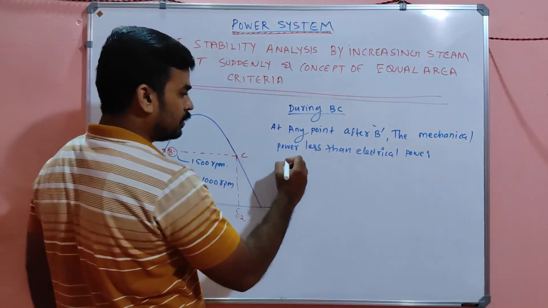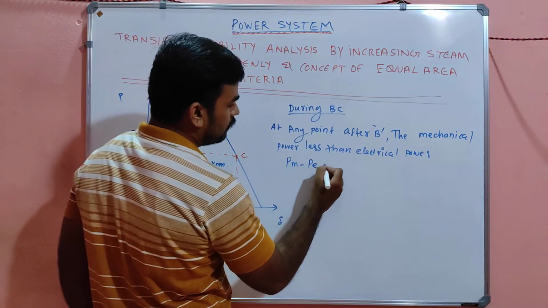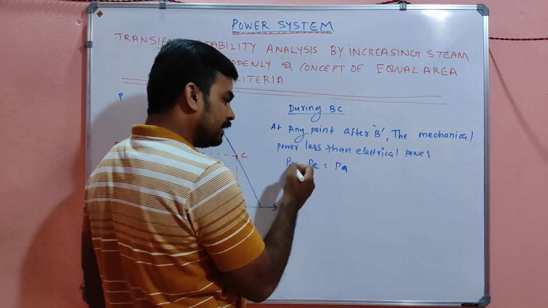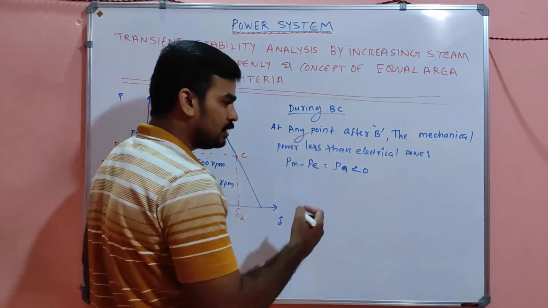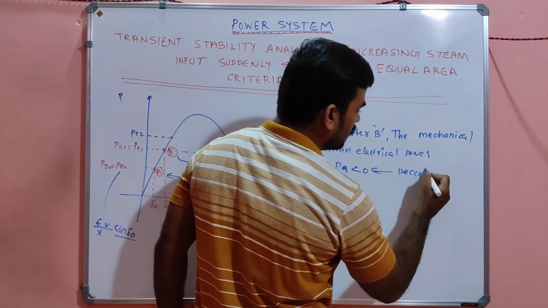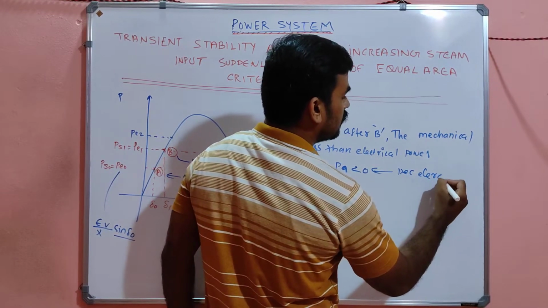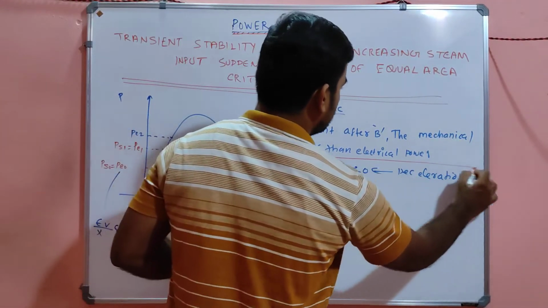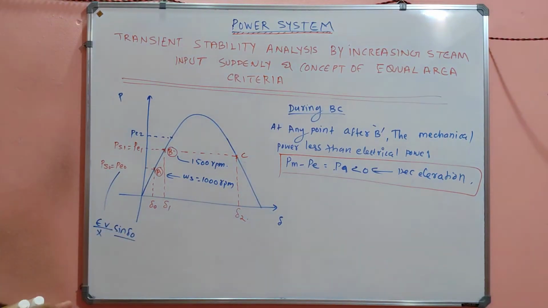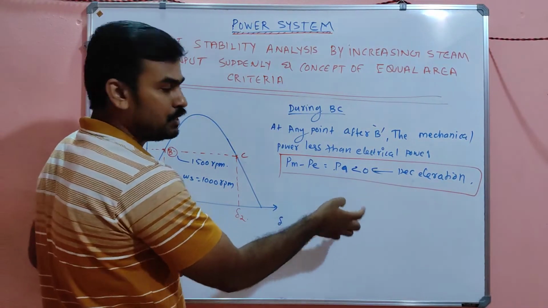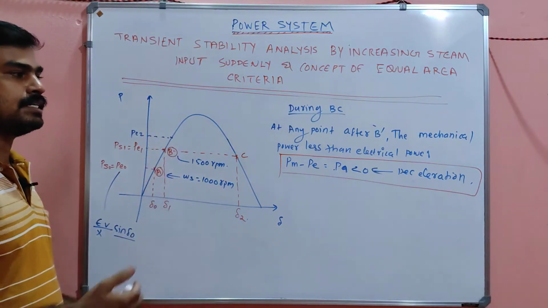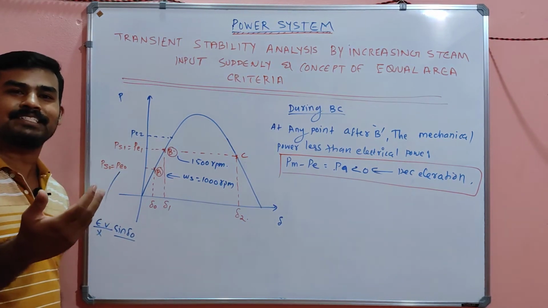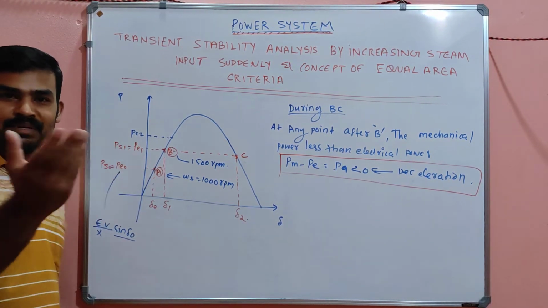Or I can say that PM minus PE is PA. PE greater than PM means PA less than 0. That means deceleration. Very, very important, my dear. Because PE is greater than PM, PM minus PE will be a negative quantity. PA less than 0 is nothing but deceleration. PA greater than 0 means acceleration.